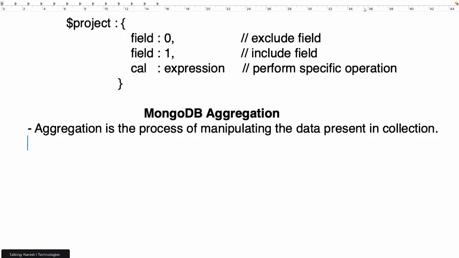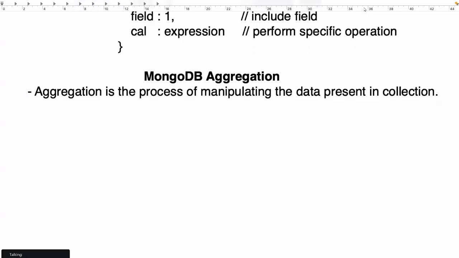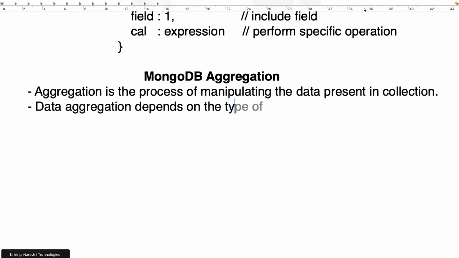Generally, find is for fetching the data, and this is for manipulating the data. Data aggregation depends on the type of data in the collection.